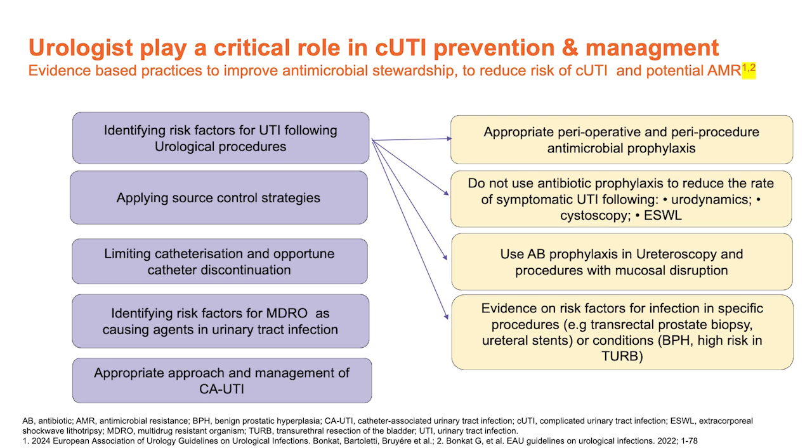So we want to do them at the right times, like before stone surgery, but not at the wrong times. There's no reason to give antibiotics before, say, urodynamics or uncomplicated cystoscopy. You can leave somebody without antibiotics and it actually improves their rates, meaning it has lower rates of post-operative or post-procedural UTI when you treat them the right way, which is not giving them when they're asymptomatic. So we want to use antibiotics when they're indicated, not when they're not indicated. Next slide.